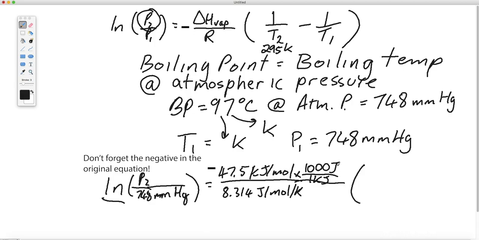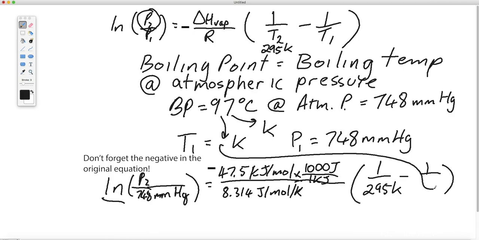So at least you have that for this equation here. And now we've got 1 over 295 K minus 1 over whatever 97 degrees is in Kelvin. So whatever you get here, that will go over here. So we're going to end up with a number here that we can use, and then we have to isolate P2.